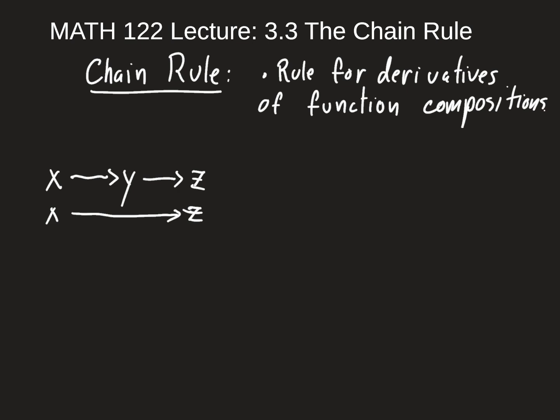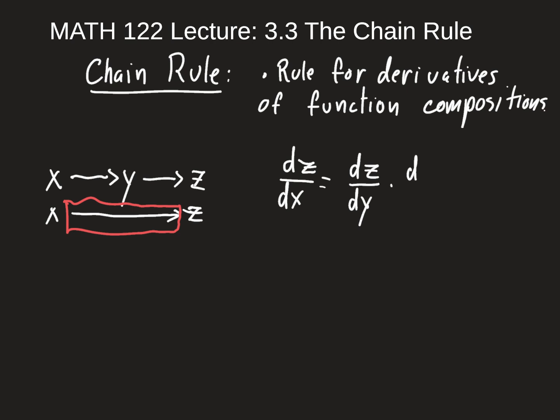And the chain rule simply states that if we look for dz dx, which is going to be the derivative of this arrow here, it turns out that this is simply equal to dz dy multiplied by dy dx, which are the derivatives of these two arrows here.